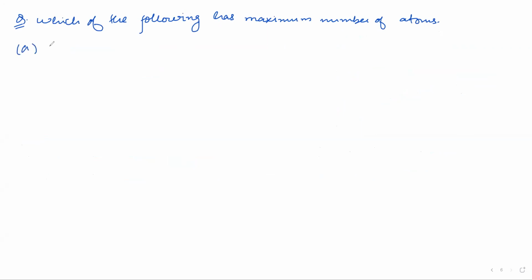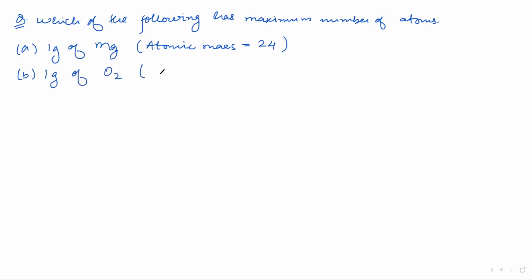So A, the option was 1 gram of Mg, okay? And they gave here atomic mass. Atomic mass is equal to 24. Now tell me, if the atomic mass is 24, what will be the molar mass? 24 grams, right?